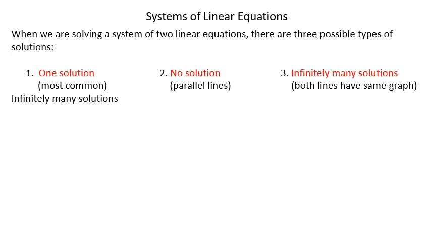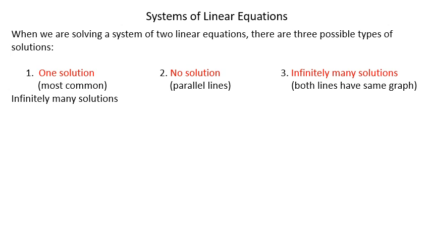So I've just been referring to the solution to the system as the point where the two graphs intersect. Well, it's not always as straightforward as that, because if you take two lines and put them on the same xy plane, they don't necessarily have to intersect or cross in one point.